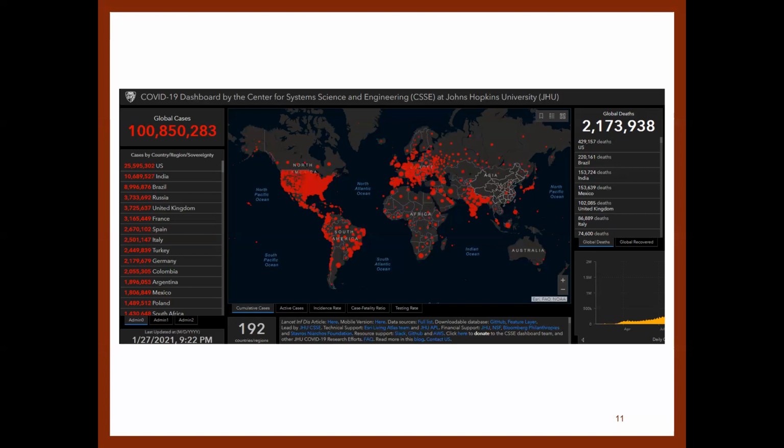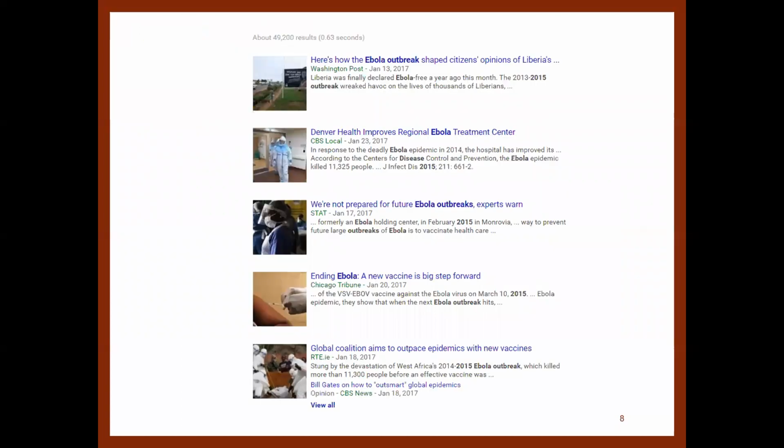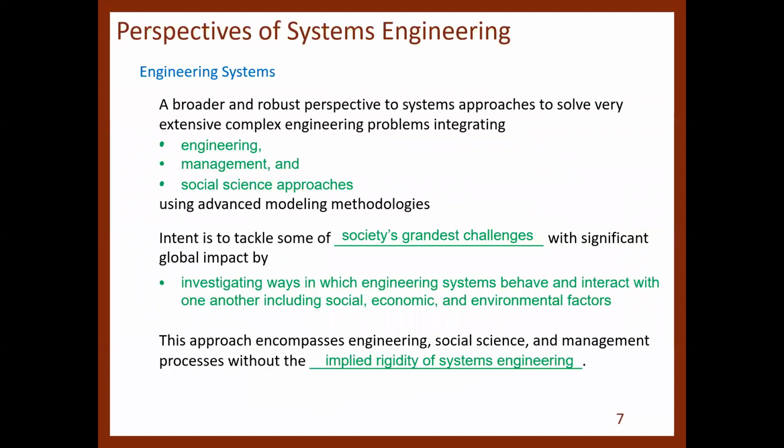Okay, so the idea is, as mentioned here, engineering systems investigates ways in which engineering systems behave and interact with one another, including social, economic, and environmental factors.